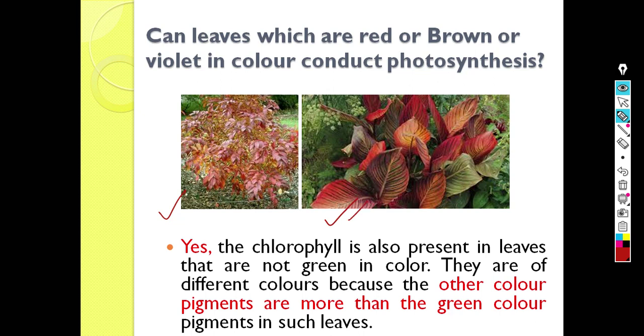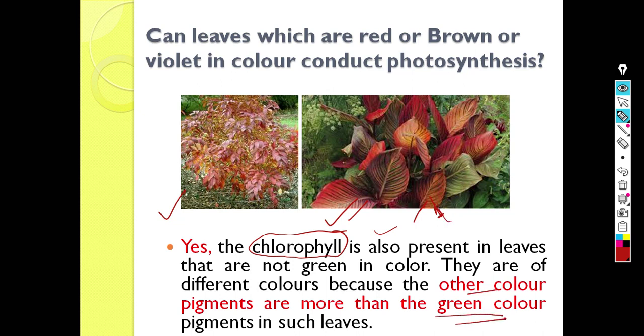So what do you think? If these are not green, can they conduct photosynthesis? Yes, still they can conduct. You might be surprised, but yes, still they can. Why? Because these also have chloroplast, or chlorophyll, present inside them, but the pigment present here is more than the green pigment.